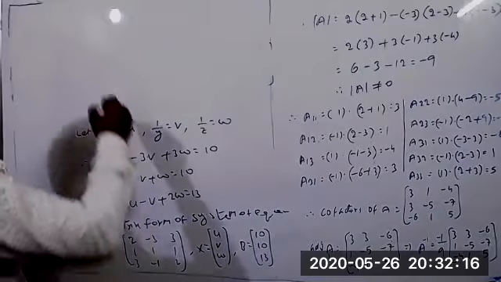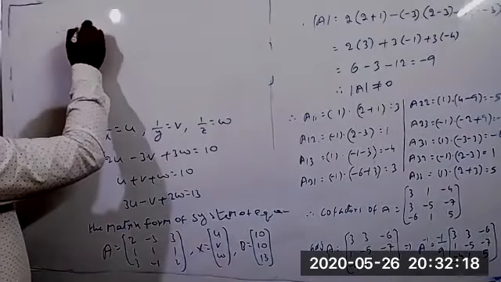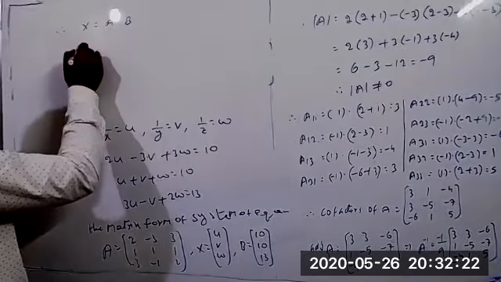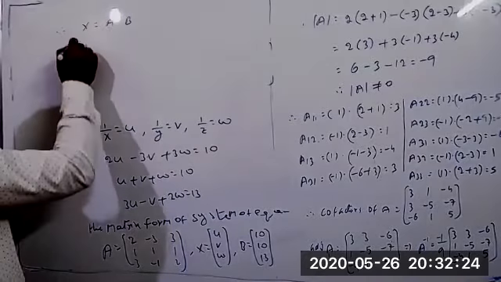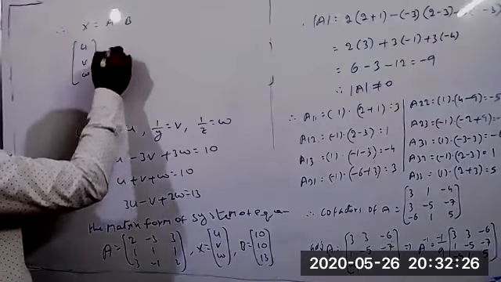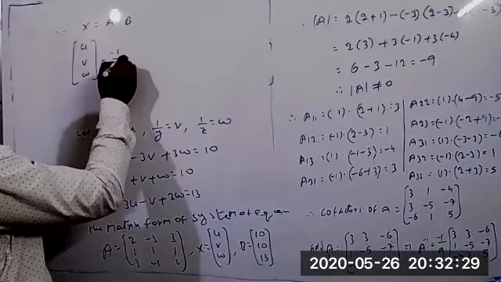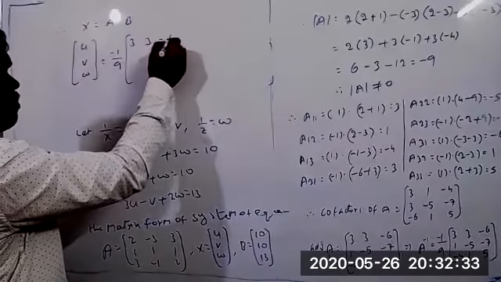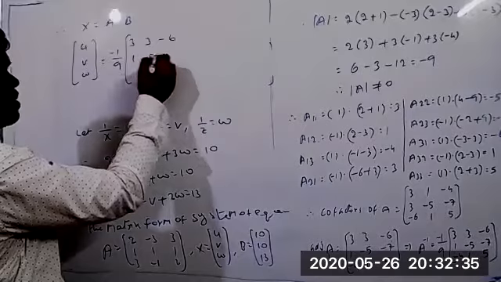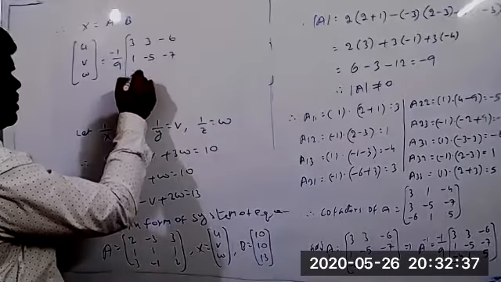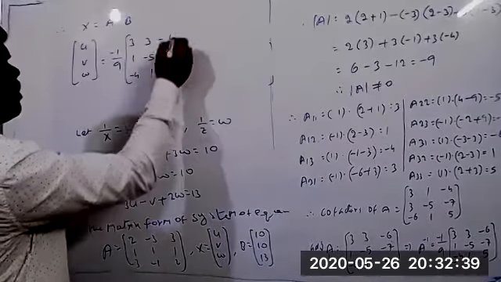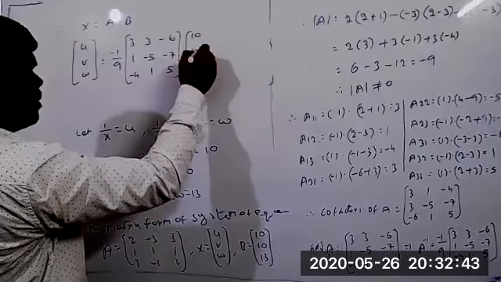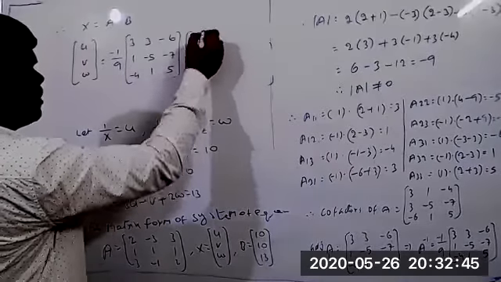Okay. So therefore, the matrix X equal to A inverse into P now. X equal to U, V, W equal to A inverse, equal to minus 1 by 9 into 3 minus 6, 1 minus 5 minus 7, this is the minus 4, 1, 5, into the matrix P equal to 10, 10 and 13.